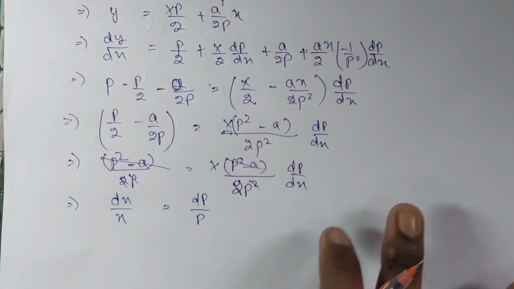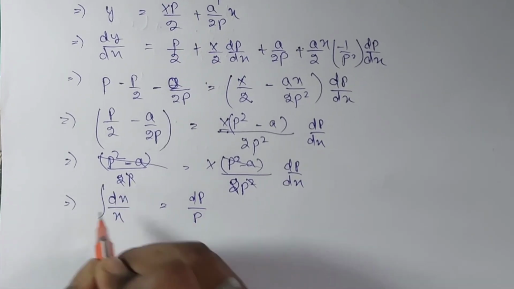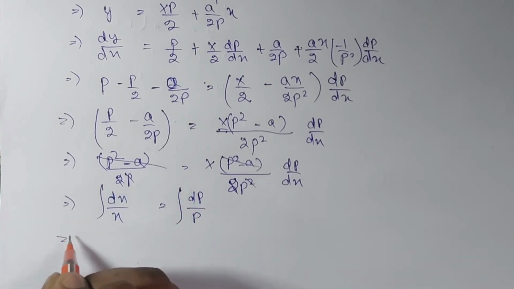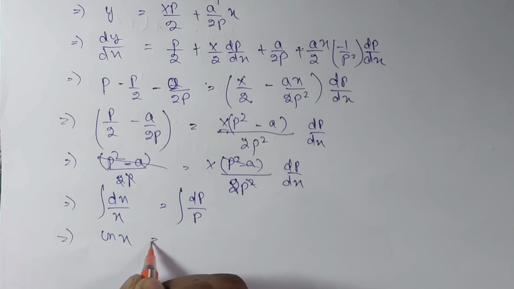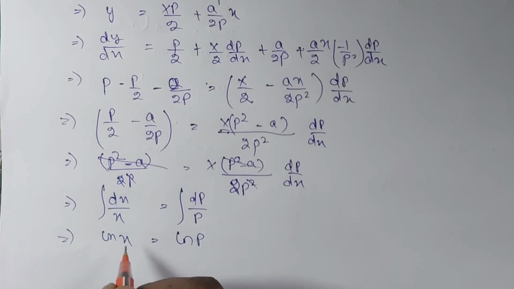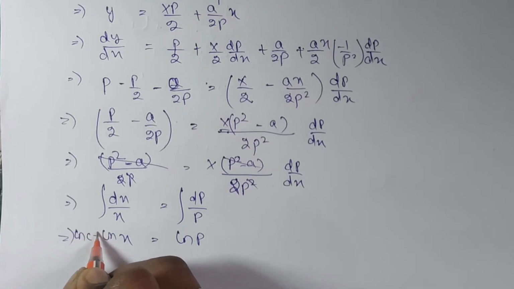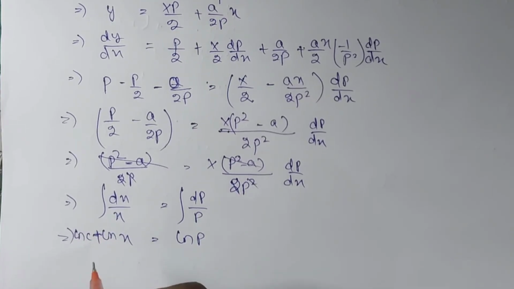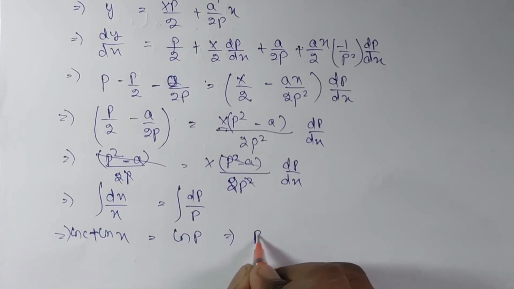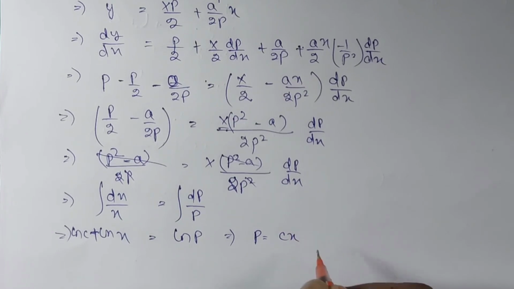Now integrate both sides, then it becomes ln x equals ln p plus ln c. So then it becomes p equals c x.